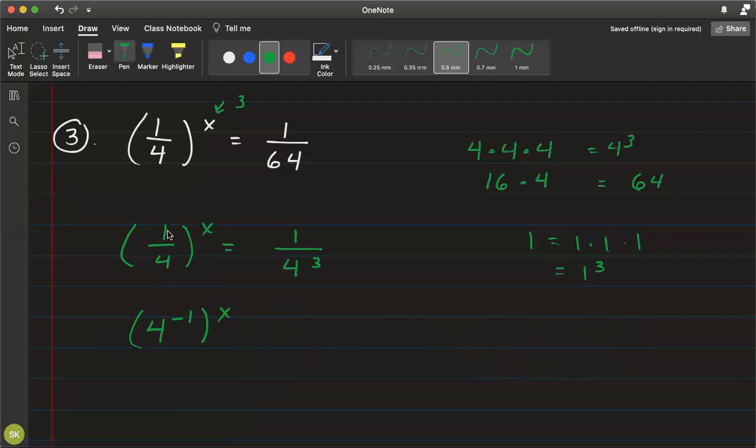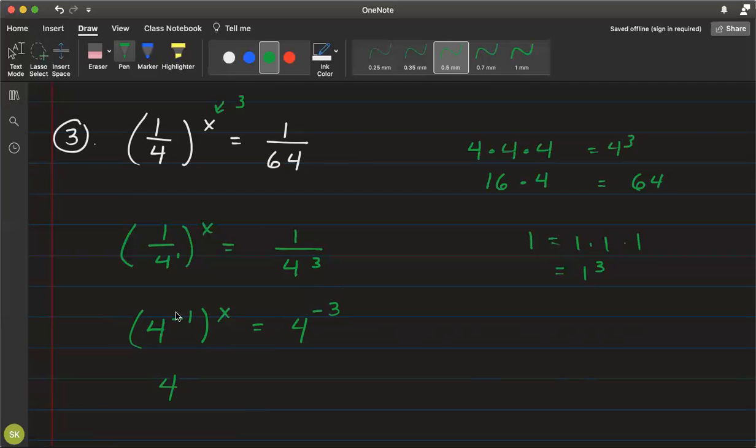Taking this 4 and sending it up is the same thing as 4 to the negative 1, because this has a power of 1 here. And this 1 over 4 cubed is the same thing as 4 to the negative 3. When you take something that's in the denominator and send it up, you put a negative in its power. And then this part right here is 4.